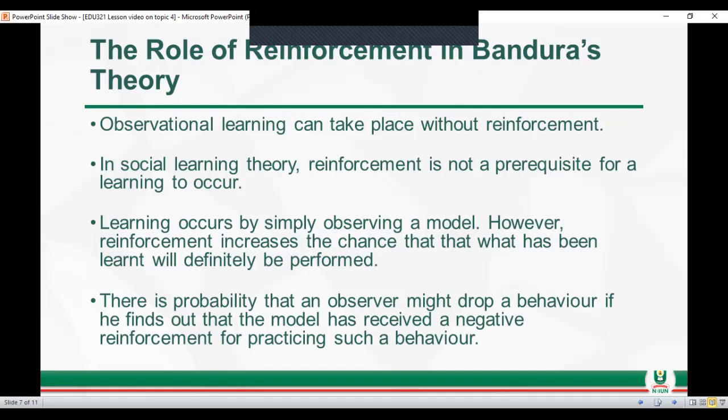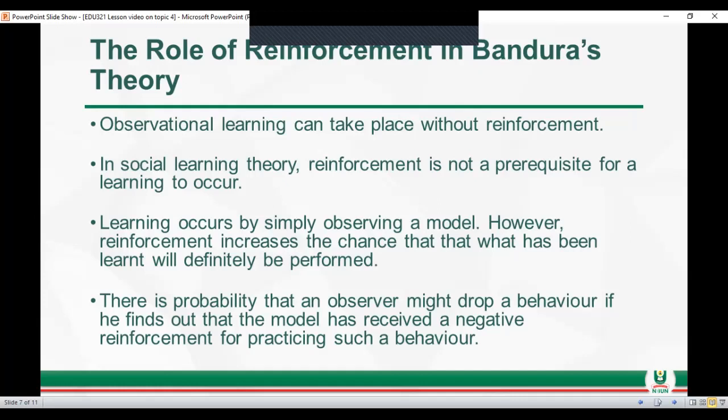When somebody observes a model and that model receives reinforcement, the likelihood of imitating that behavior is very high. And if the model is punished for his or her behavior, the likelihood of imitating that action of the model will be reduced.